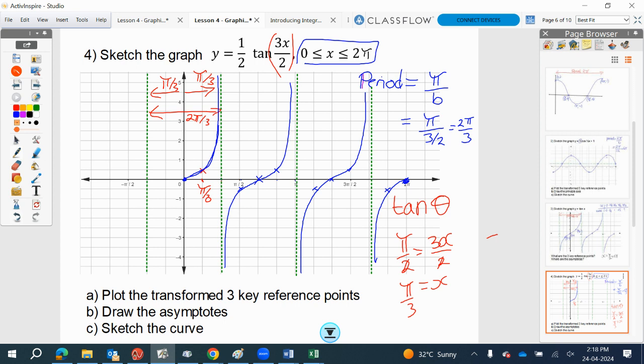The principal axis is the x-axis in this one because there's no plus d, but it's always halfway between the asymptotes on the principal axis. This point is always halfway between the asymptotes. The other points are halfway between that point and the asymptote.